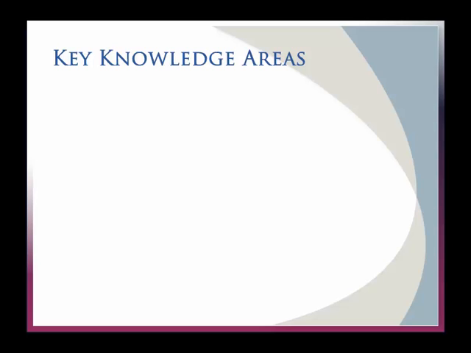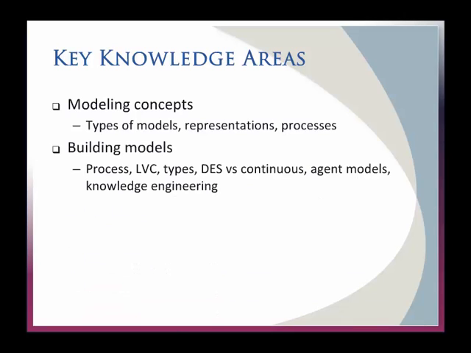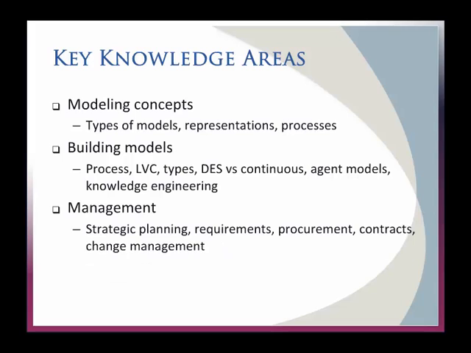So real quick, we're just going to go through some very high-level key knowledge areas that are inside of the document. So for example, modeling concepts, so types of models and their representations, the building of models, so the process of building them, live, virtual, constructive, discrete event versus continuous, all those sorts of things. Then management, so strategic planning, requirements, procurements, contracts.